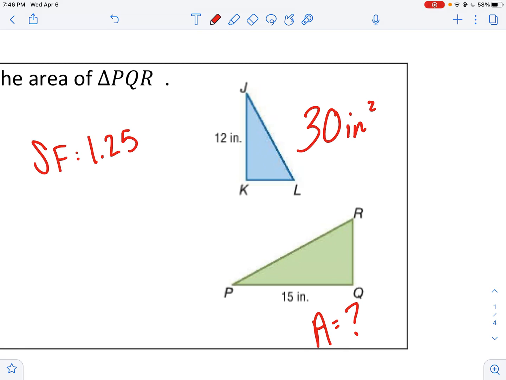So then to find the area, I wouldn't multiply the area of the pre-image by 1.25. I would multiply it by 1.25 squared. And the reason, again, is because if I'm multiplying both the base and the height by 1.25, it's getting multiplied by 1.25 twice. Another way to remember this is that your areas are always in square units, so your scale factor needs to be squared.